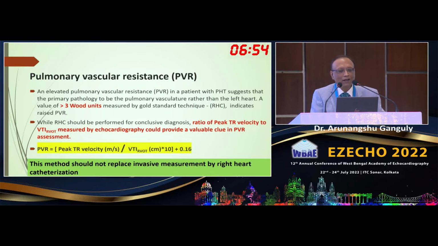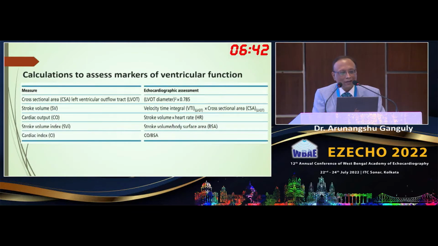Pulmonary vascular resistance more than 3 Wood units is important. It should be less, but it cannot replace right heart catheterization. Here, cross-sectional area of LVOT you take, LVOT diameter into 0.78.